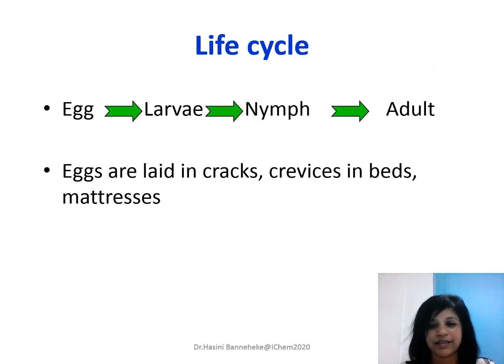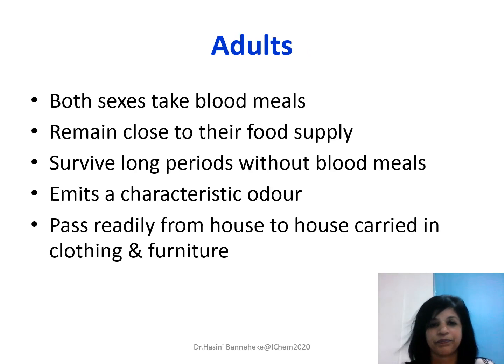And when it comes to the life cycle, the eggs hatch and release larvae, and these larvae become nymphal stages, and the nymphal stages become adults. They lay eggs in the cracks and crevices in beds and mattresses or even chairs. If there are any holes or small spaces, they can deposit eggs in those places.